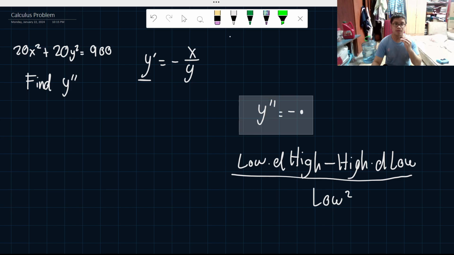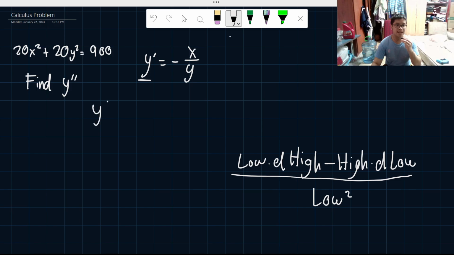All right? So this would become y second prime is equal to negative, then times, okay, let's differentiate this. We have low, which is y, times d high, the derivative of x, so this would be 1, minus high, which is x, times the derivative of low, that would be 1, right?